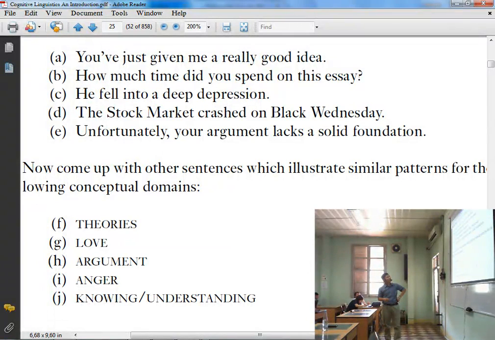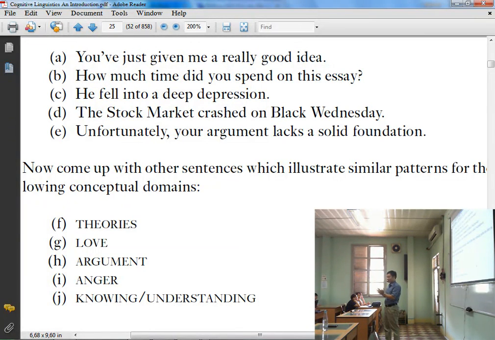In A, you have just given me a really good idea. So a good idea is given to somebody. In this case, a good idea is conceptualized as an object, like a bone, a concrete object.